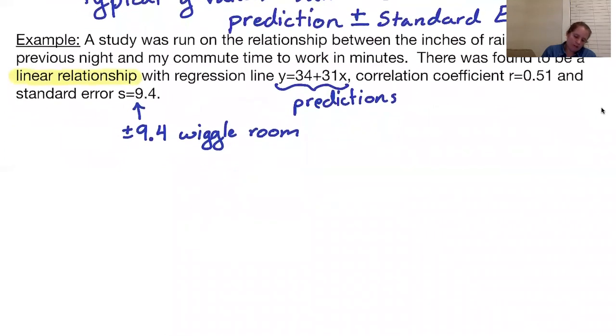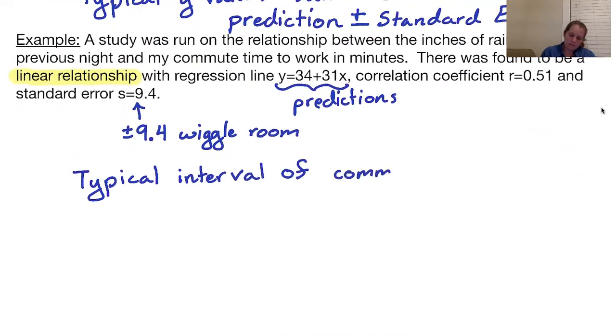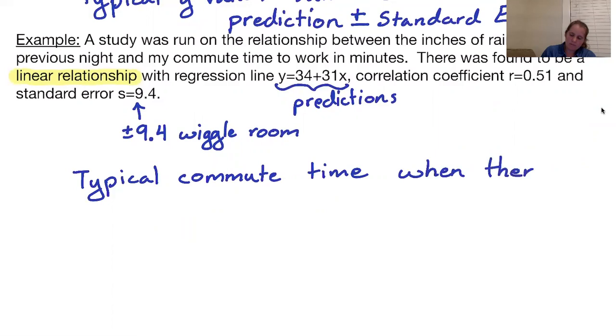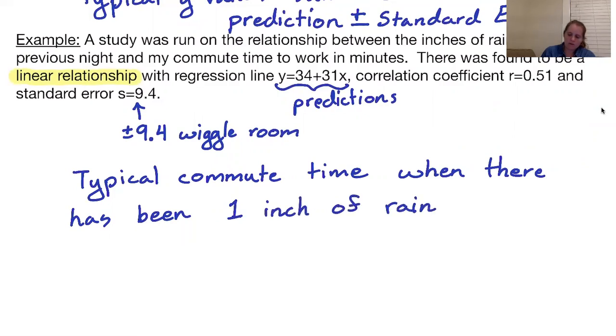So for example, if we wanted to find the typical interval of commute times, so a typical commute time when there has been, let's say, 1 inch of rain, our base prediction, we would just plug in x equals 1.